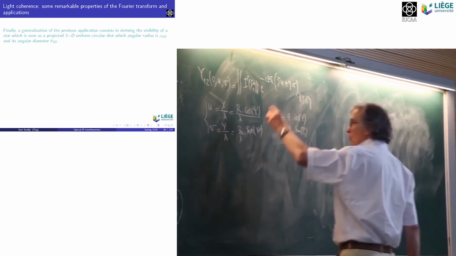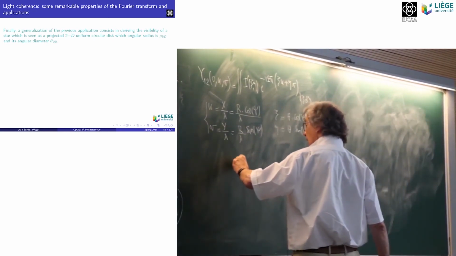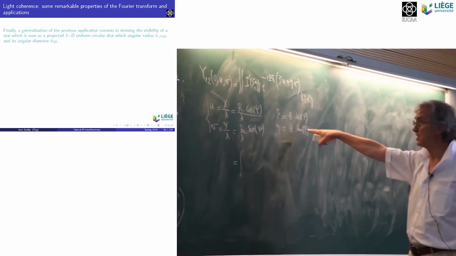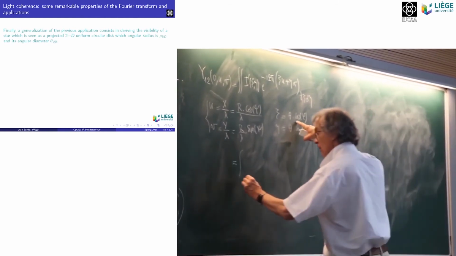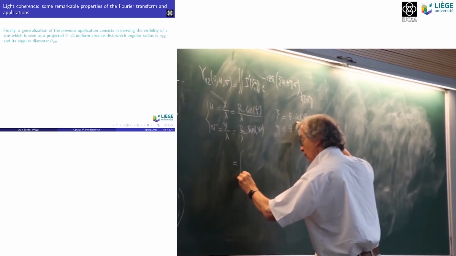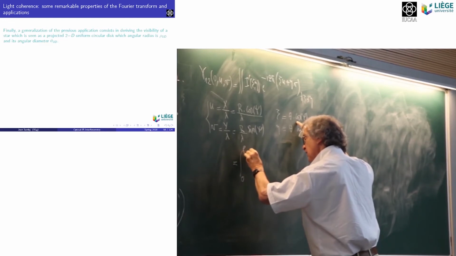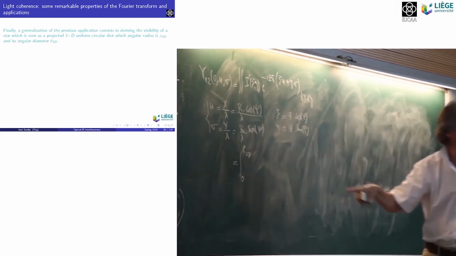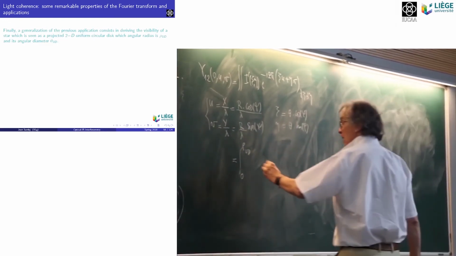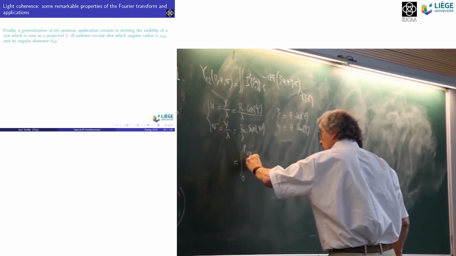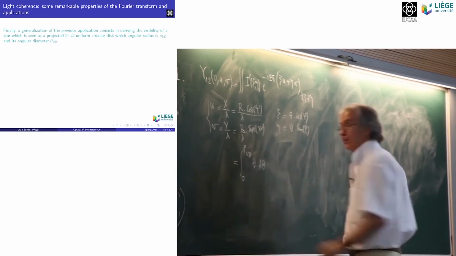And now, would you agree that here I can write this integration. So considering this one, I will go from 0 to rho UD, which is the angular radius of the star. Now here, d zeta d eta will become theta times d theta.